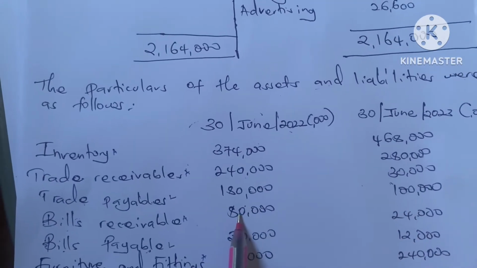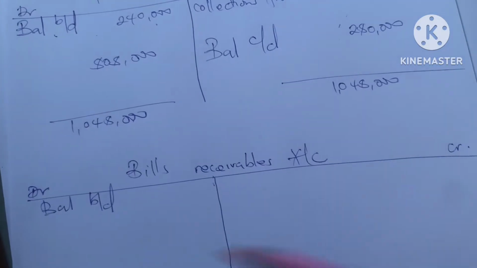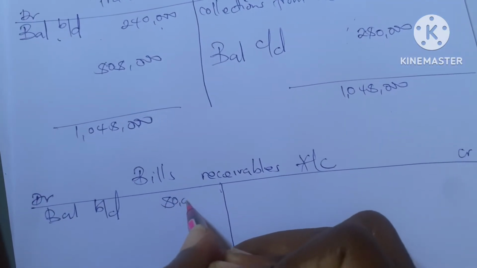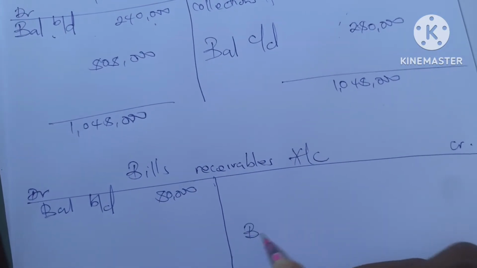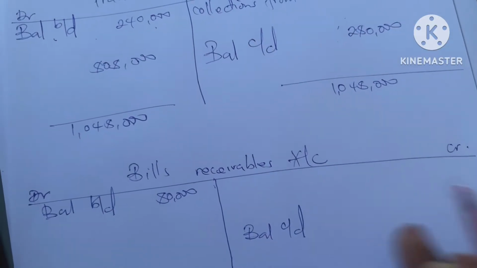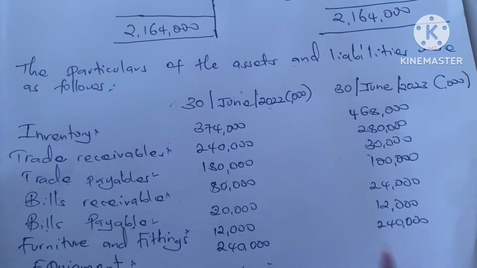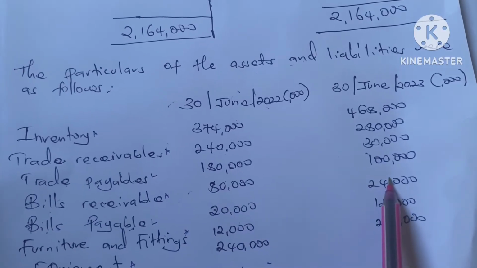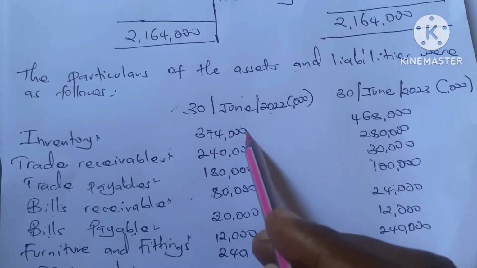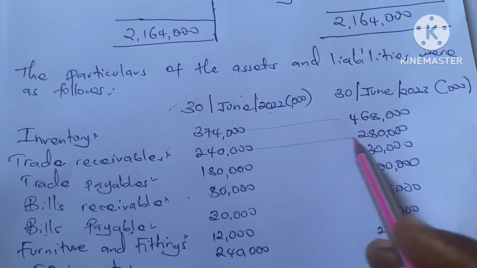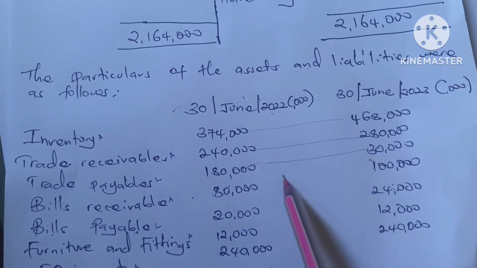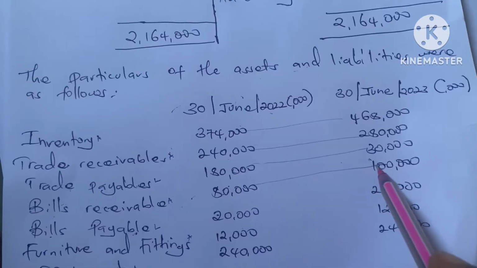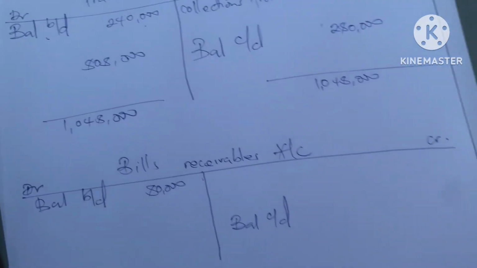So the opening balance will be 80,000. Then the closing balance will be on the opposite side, balance carried down. It is 24,000, is it? This to this, this to that. It is 100,000.